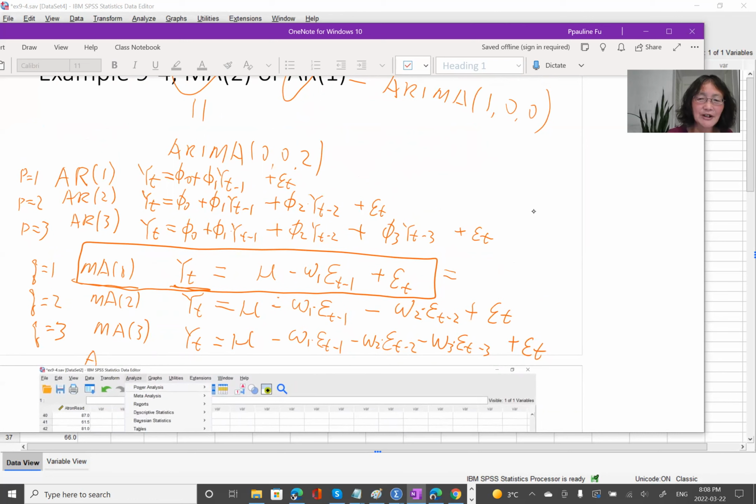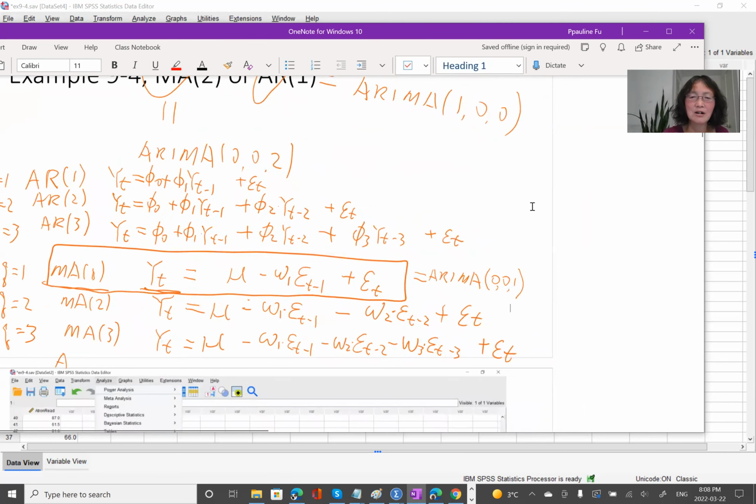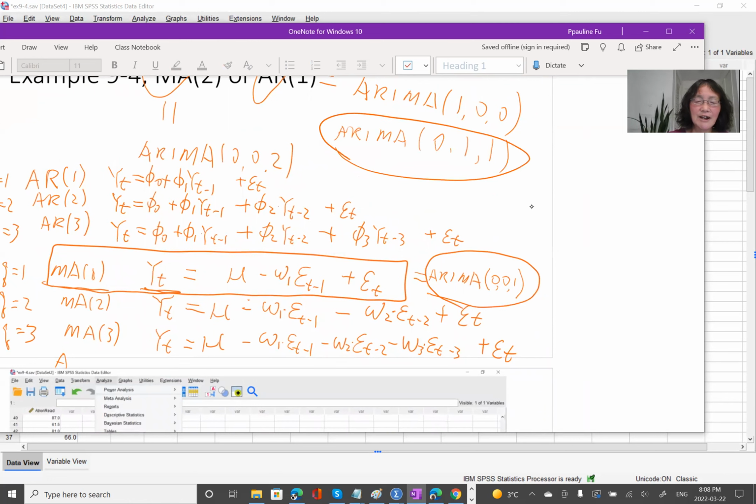MA1 is the same as ARIMA 001. What you are talking about, what I did before, was ARIMA 011. You see the difference between these two, they are different. This one does not have difference.